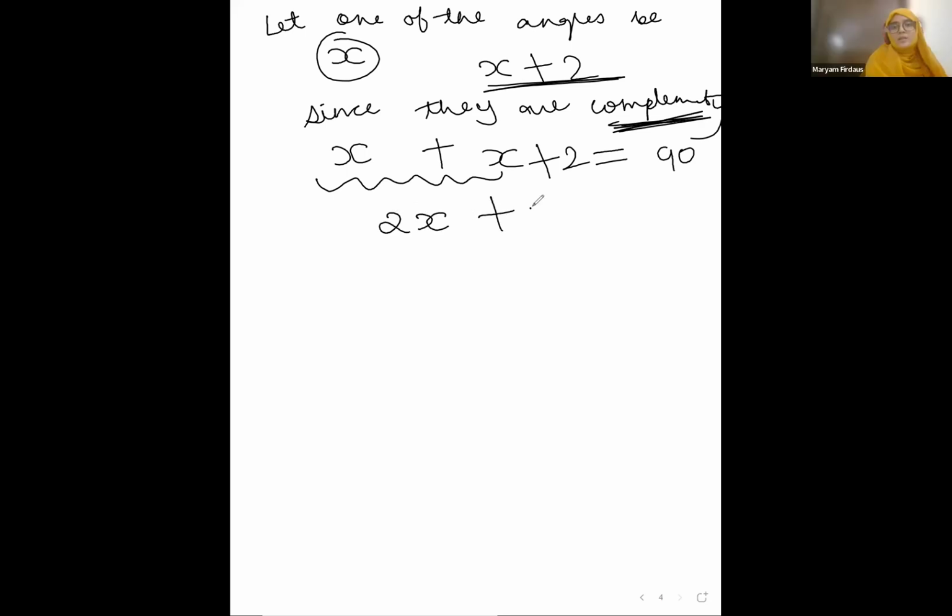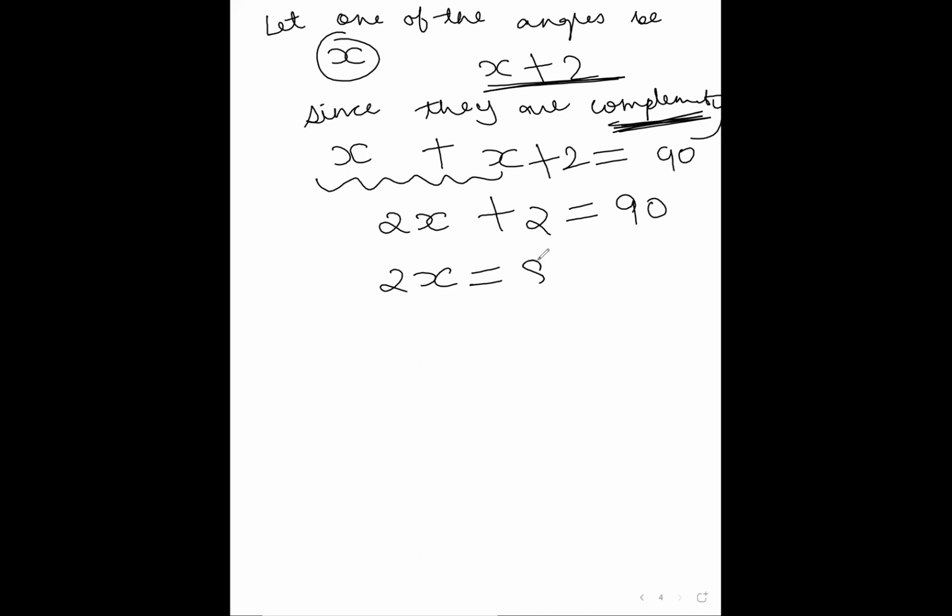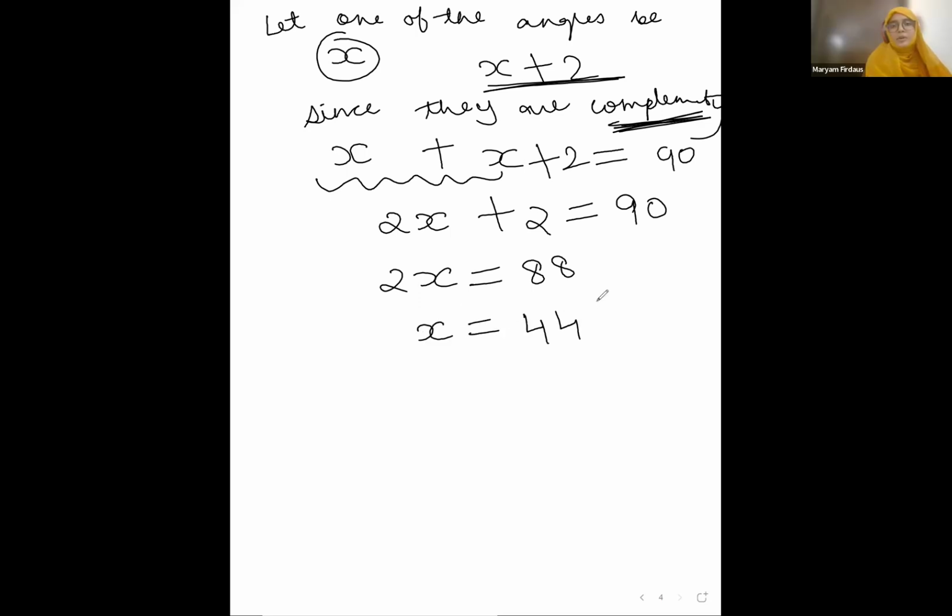So 2x plus 2 is equal to 90. Subtract 2 on both sides. So 2x is equal to 90 minus 2, and that is 88. Then x is equal to 44. x is equal to 44 degrees.